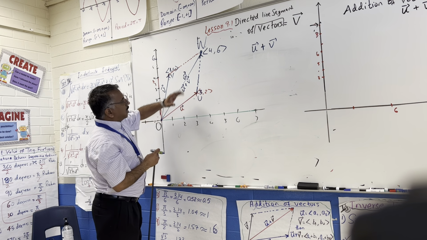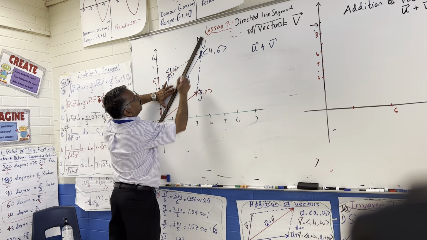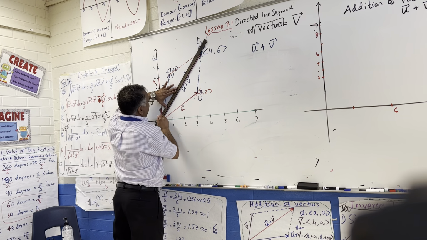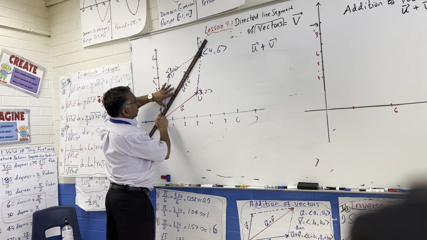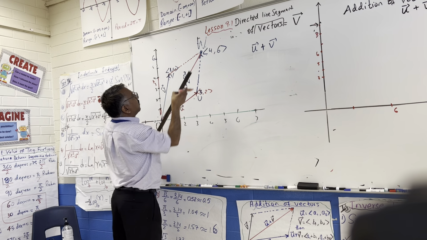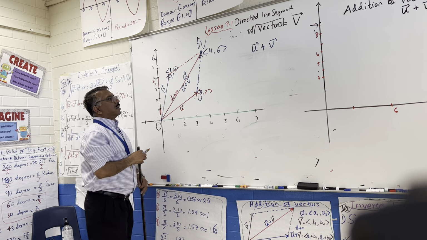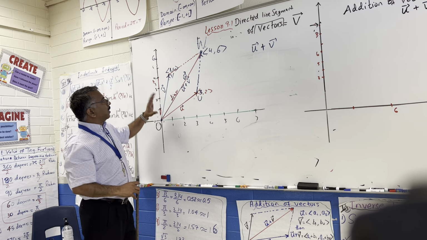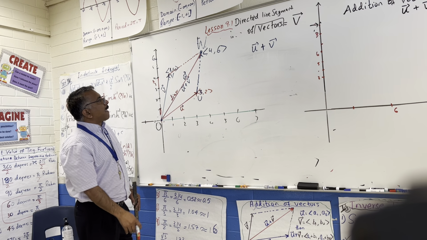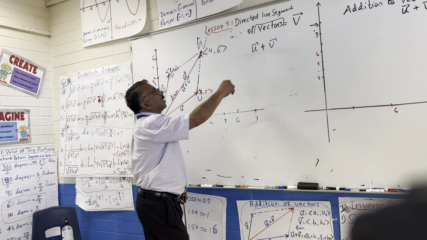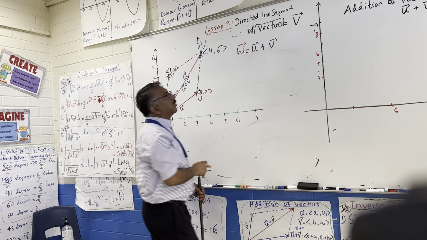So this is the diagonal: if you complete this, the new vector is the diagonal of the parallelogram formed by these two vectors u bar and v bar. So that's it. So simple. But then the question is, what is u bar? So this is the new vector w. This is how you add two vectors.